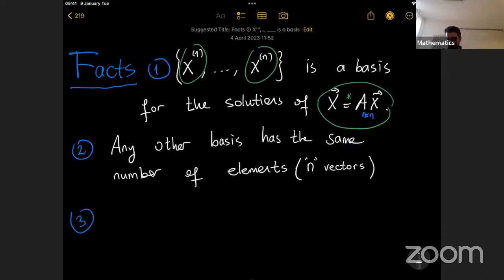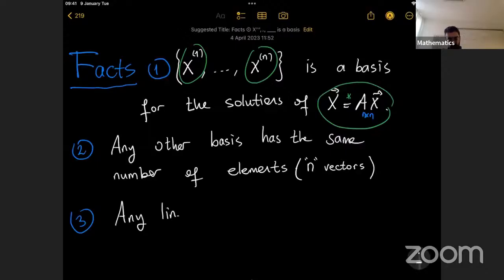And this says if you have n linearly independent solutions, it's a basis, okay? This is important because in order to check whether we have a basis or not, it's enough to check we have enough linearly independent vector functions.